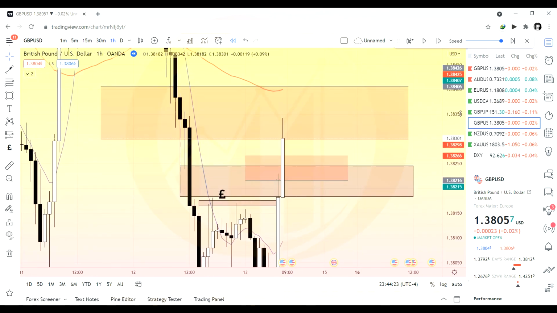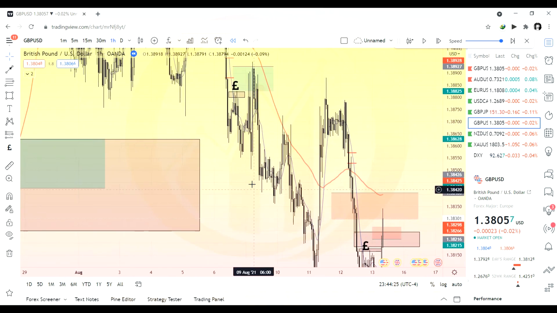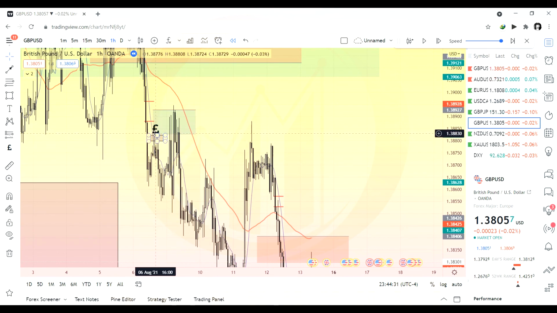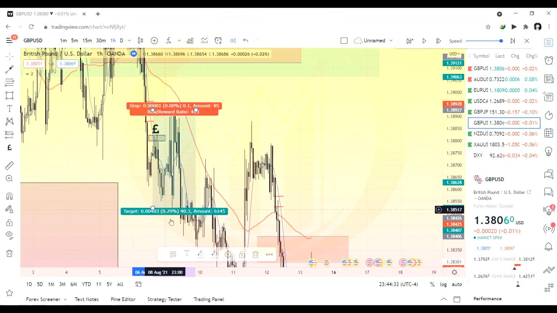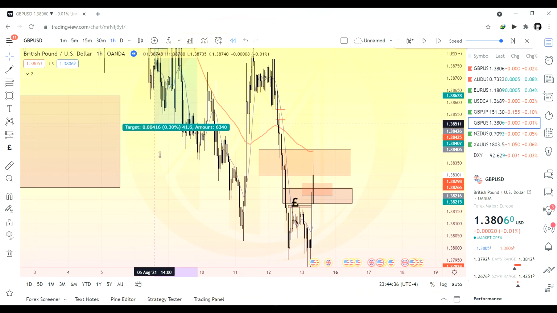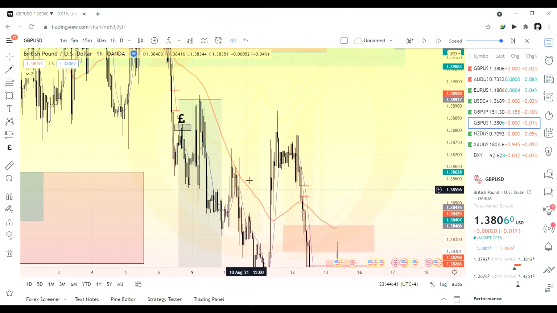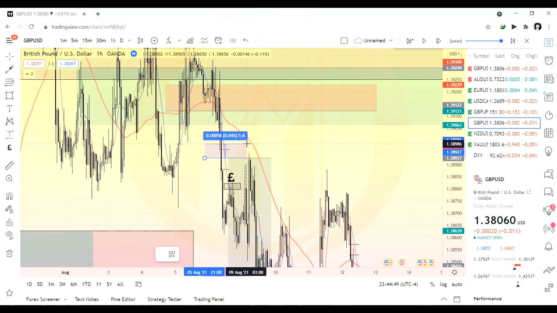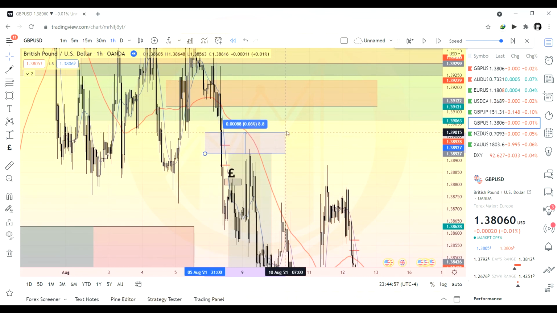But again, when you do hit, if you were to hold this trade, that's 89 pips off of, let's be generous because our stop loss wasn't even that high, a 10 pip stop loss. That's a 1-to-8 risk to reward ratio.